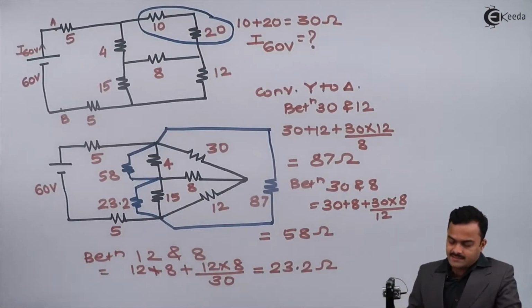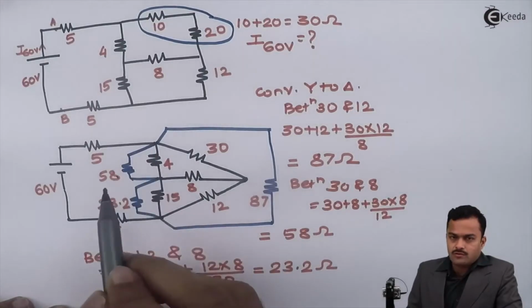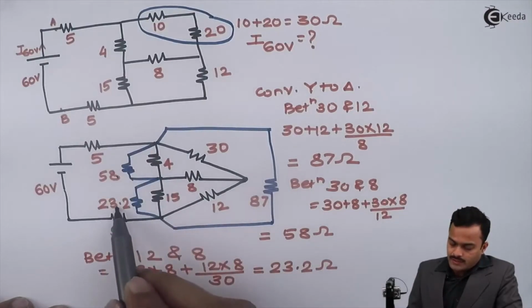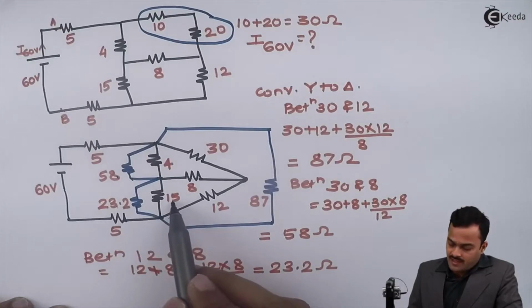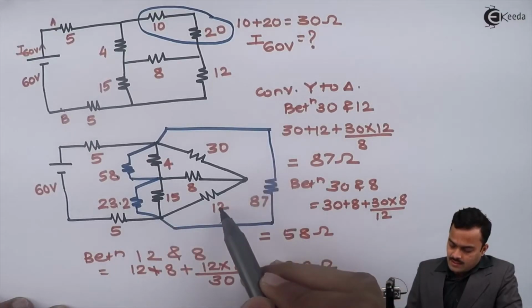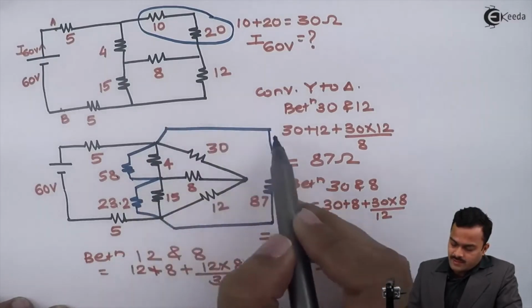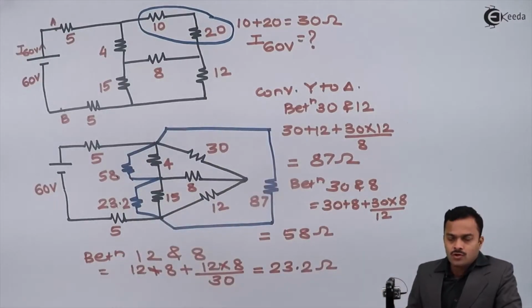After seeing this, it is very obvious that this 58 and 4 will come in parallel, 23.2 and 15 will come in parallel, and this 87 will remain as it is. So let's see how the circuit will look like then.